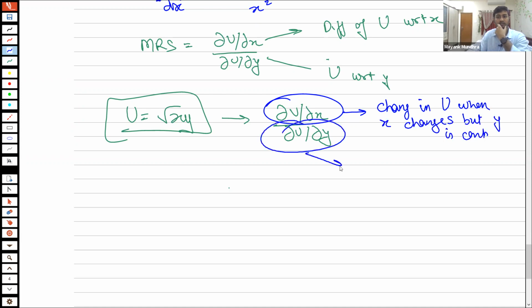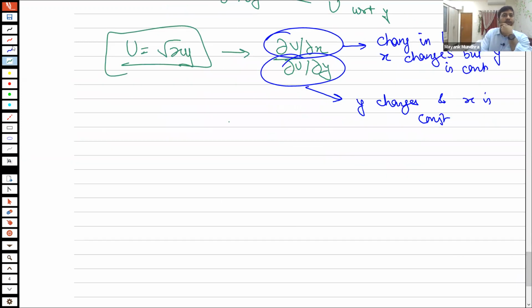And this part is the change in utility when y changes and x is constant. Okay. So in general, if you have a function f equals a x to power b y to power c, where a, b, and c are constants.